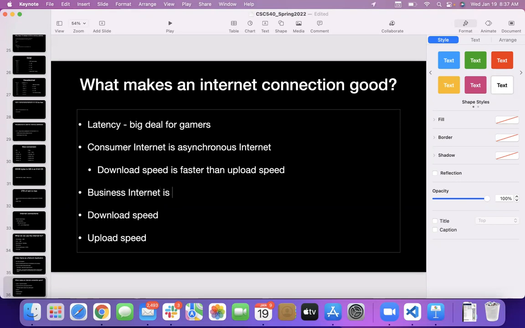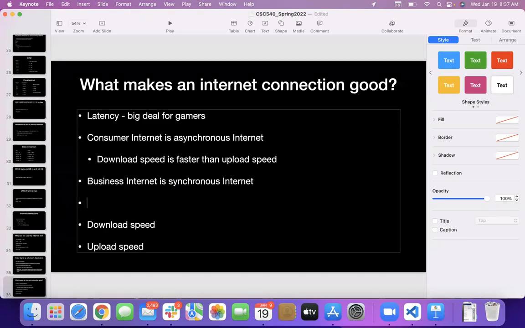Business internet is synchronous internet. Download and upload are the same speed. Really, we could probably say it costs much more.